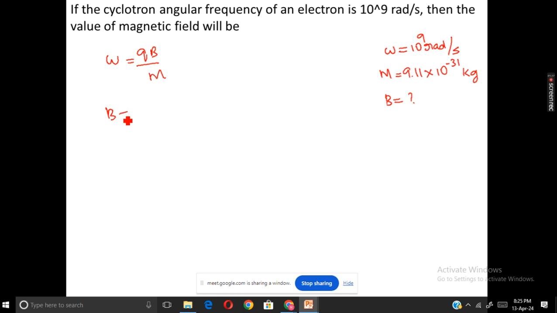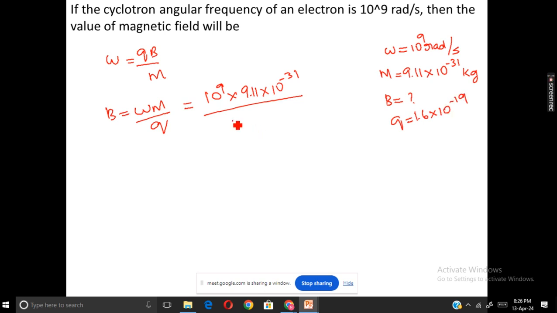So B is basically omega into M by Q, which is 10 raised to 9 into M, 9.11 into 10 raised to minus 31, by Q. Q we already know is the charge of an electron, which is 1.6 into 10 raised to minus 19. So divided by 1.6 into 10 raised to minus 19.